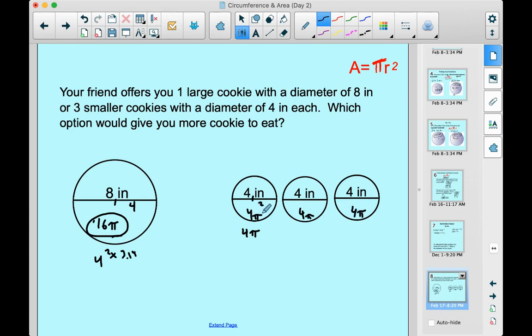If I have 4 pi's plus another 4 pi's plus another 4 pi's, that's a total of 12 pi's. I'm just adding the number part. So those three cookies together are a total of 12 times pi cookie. Well, this big one is 16 times pi. Well, 16 times a number is going to be more than 12 times that same number. Right, so multiplying by a bigger number makes the number bigger. So that is the better deal. That's more cookie to eat.